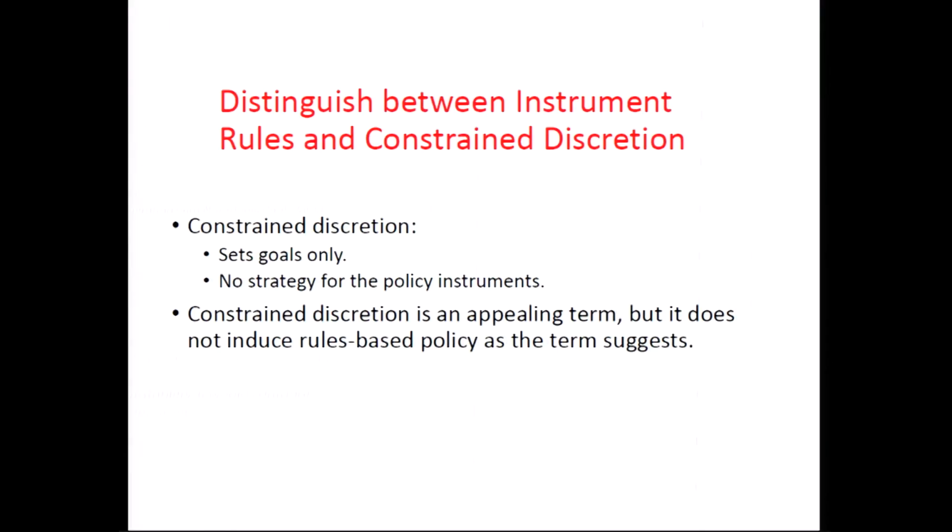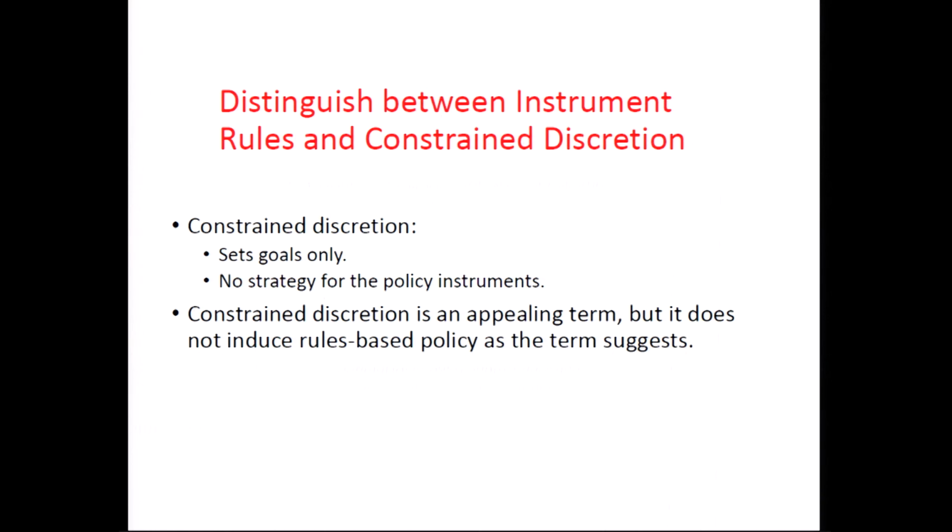So my next to last idea is to distinguish, and this is an issue that is, I think, controversial, between policies which are based on instrument rules, like I've been advocating here, and policies that are sometimes called constrained discretion.